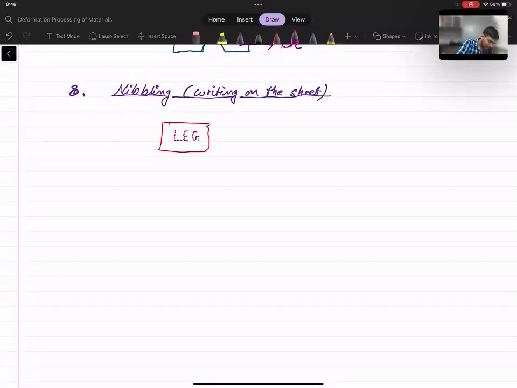So this will be like this. And if you zoom or magnify it and then observe, you will see that this is nothing but a combination of very small holes like this.